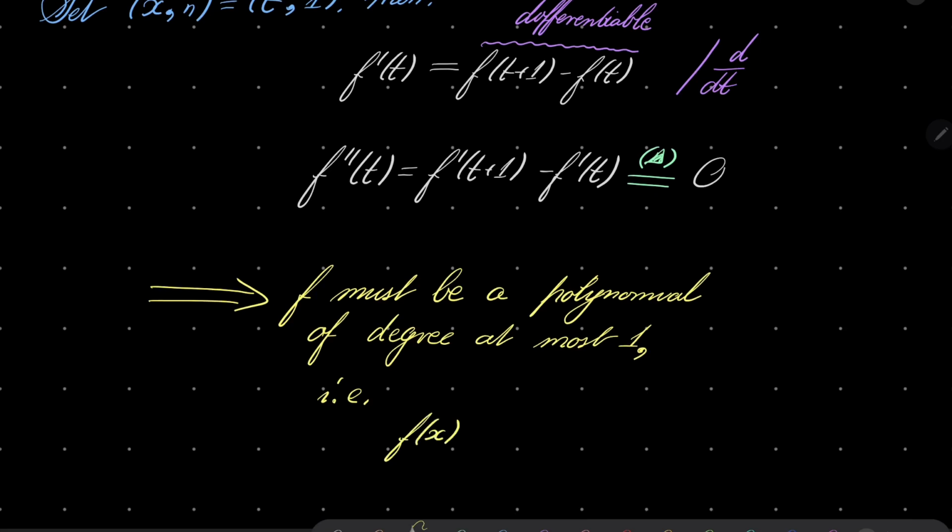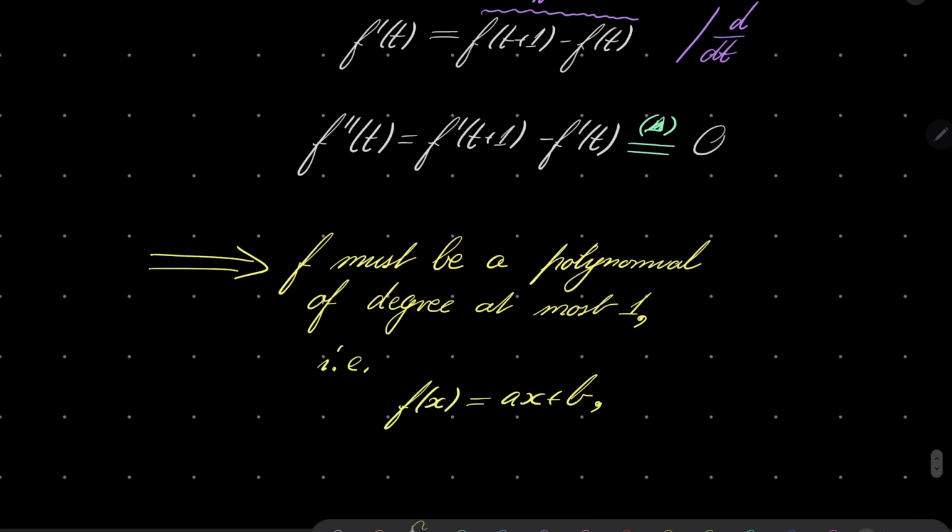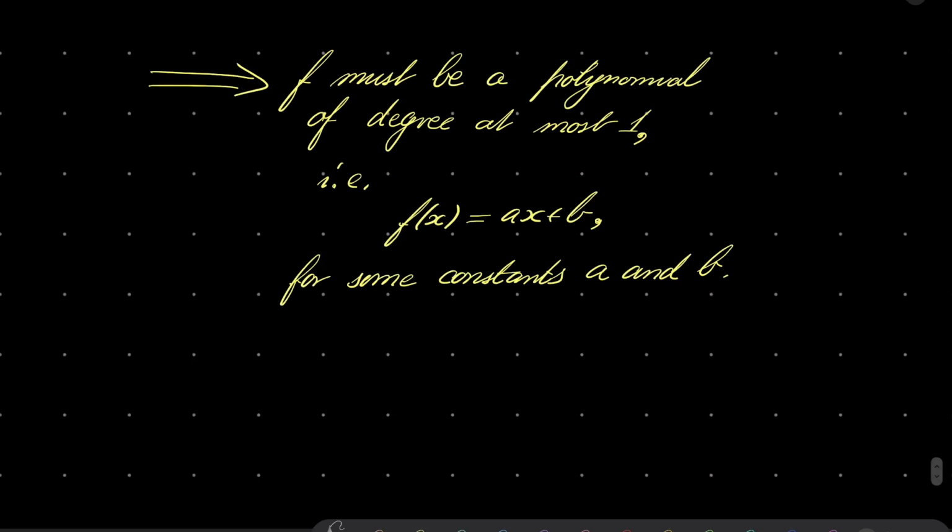Let's keep terminology straight. So it's f of x equals ax plus b for some constants a and b. Now, what we have to do in the end is to do the verification.